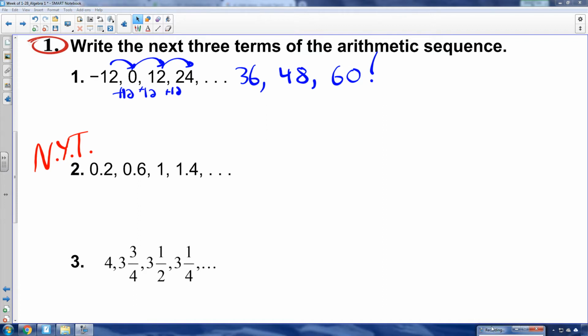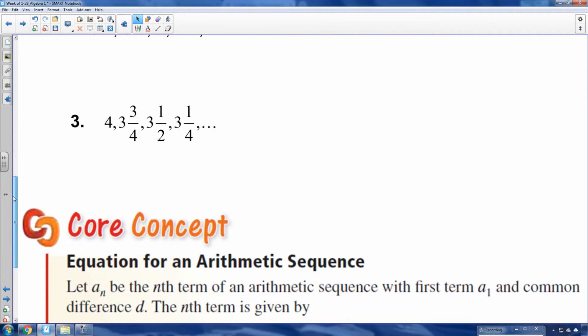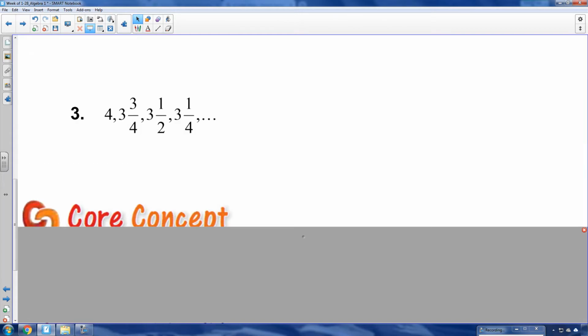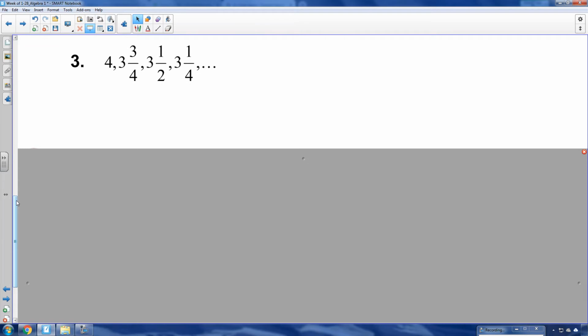And now when we look at number 3, I think that this one could throw some people because it's going with a fraction. So what I want to talk about on this one is what is it going down or up by? It looks like it's going down a quarter. We lost a quarter because 3/4 minus a quarter is a half.